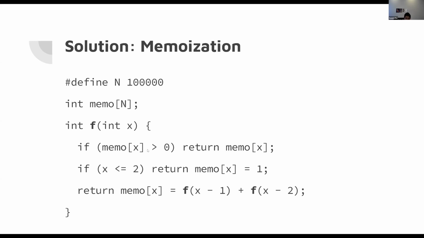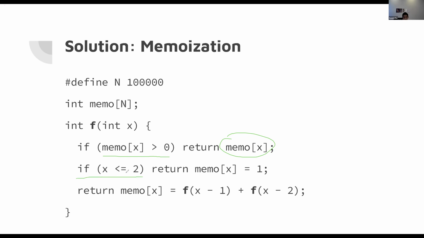So this just checks if there's already a value stored there, and if there is, you just return that value. And then we have our base case here.